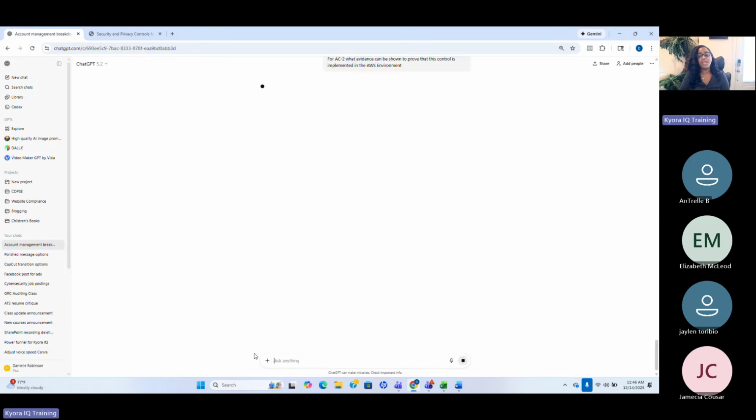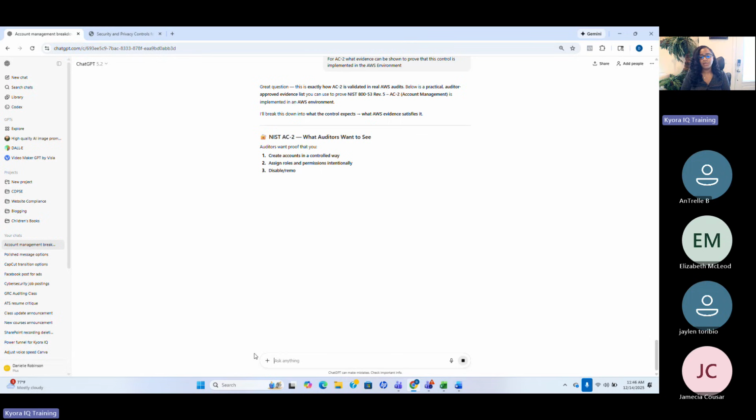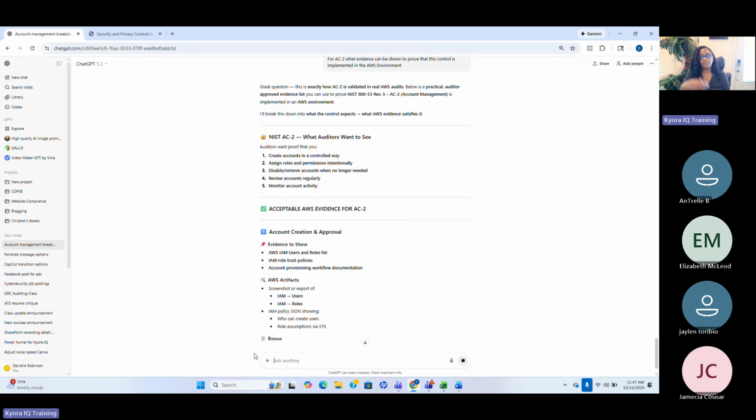You can actually ask it what type of evidence could be used to validate that the control is implemented. Because now I'm preparing you guys for when we do the practice in the pro version. We're going to sit with Azure. It's going to be an Azure environment.